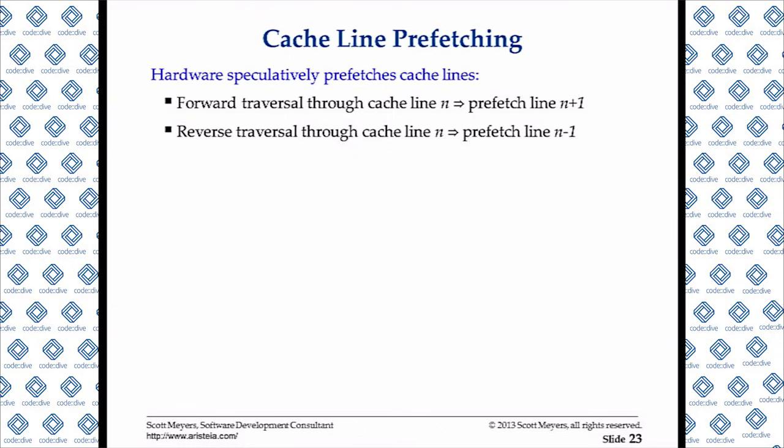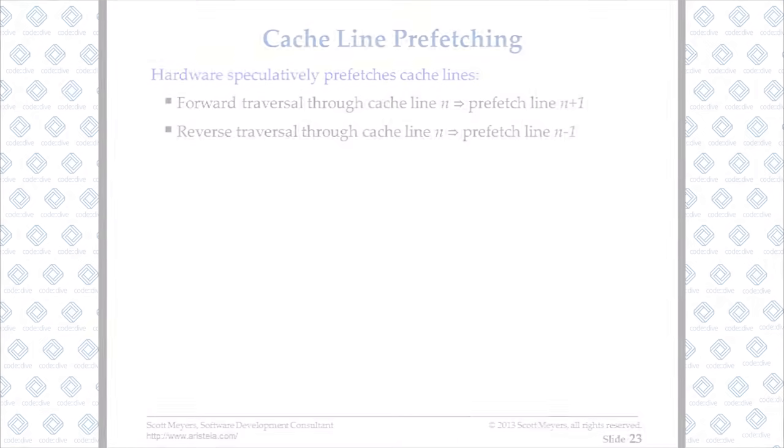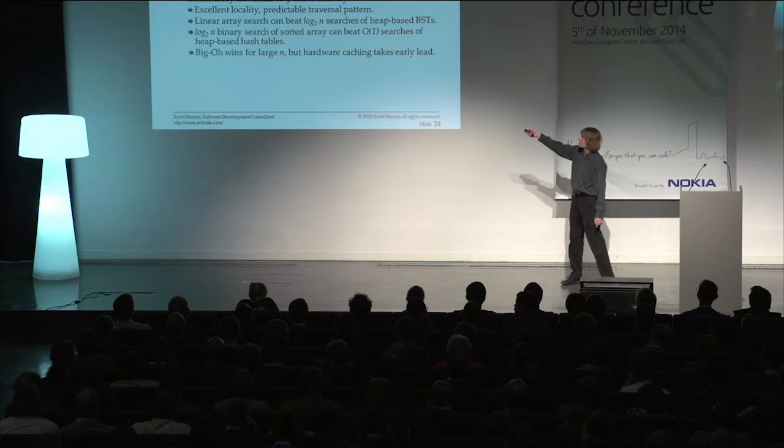If you are going backwards through a cache line, the hardware will detect these access patterns and will speculatively prefetch things, which means that going linearly through memory in either direction is the most cache-friendly thing you can possibly do. Any kind of data access or instruction access that fits that pattern will run faster than anything else. Which means, first, locality counts.